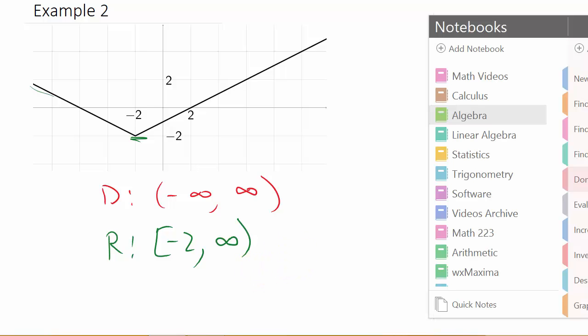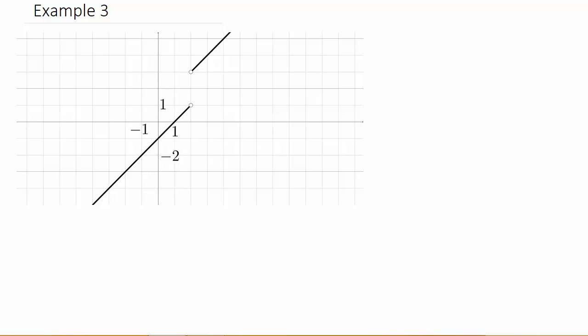All right, let's take a look at the last problem. We want to know the domain and range. Each little box here is 1. For the domain, this part of the graph is going down, but it's also going to the left forever. What we're interested in for the domain is how the graph is going left and right.